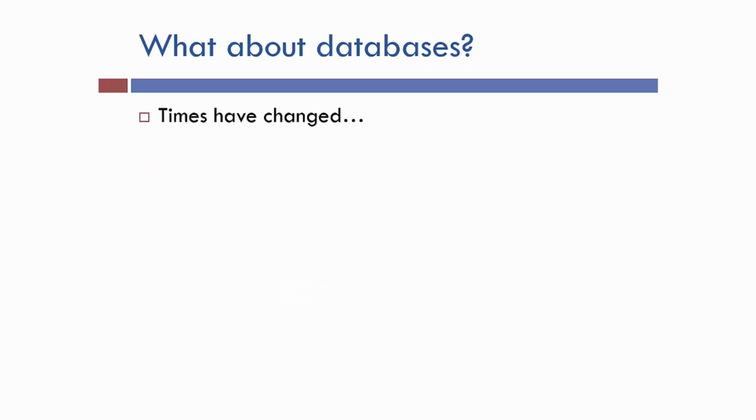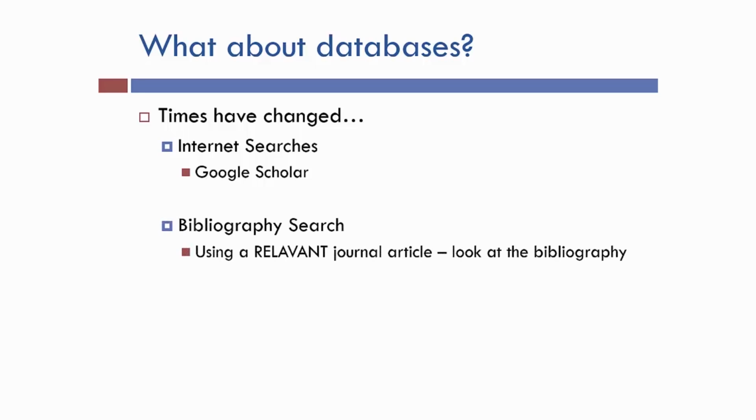As far as databases go, times have changed quite a bit. Pretty much Google Scholar, internet searches, that's kind of where we all go. I mean, we rarely go to the library, rarely are we doing these massive searches. Using a bibliography search is very good because you can find a relevant journal article from the past couple of years and look at the bibliography, and you can pull countless articles from that.